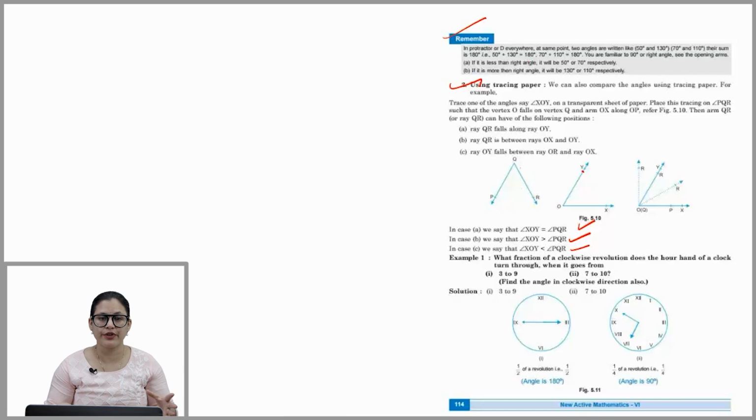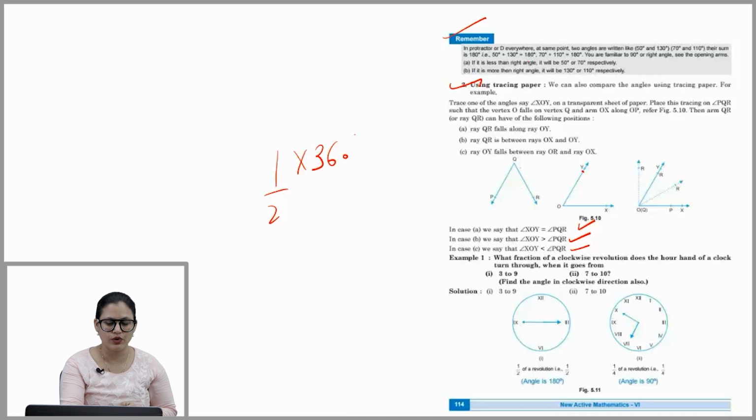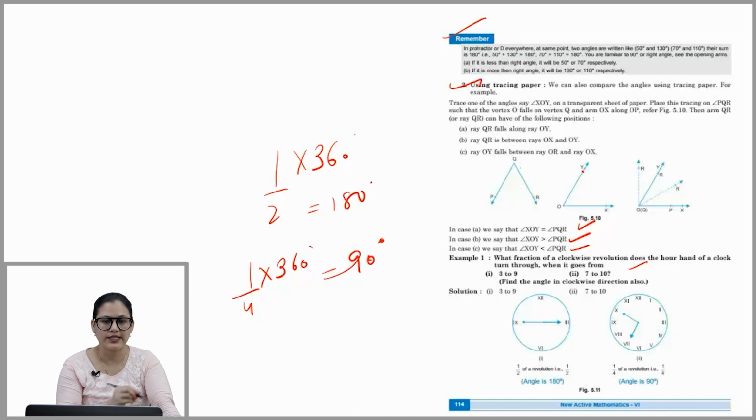One revolution is equal to 360 degrees, and when you divide this, you will get 180 degrees. Similarly, in this part also, 7 to 10, one-fourth of a revolution, that is one-fourth of 360 degrees, is equal to 90 degrees.